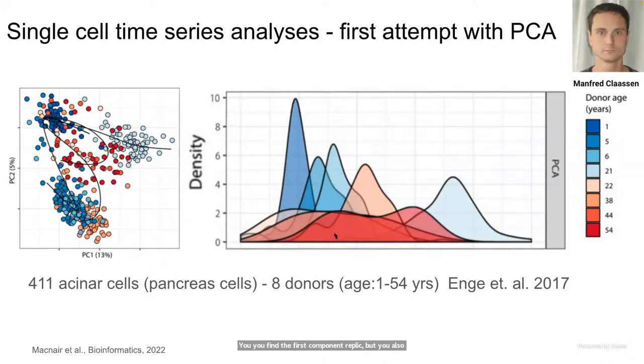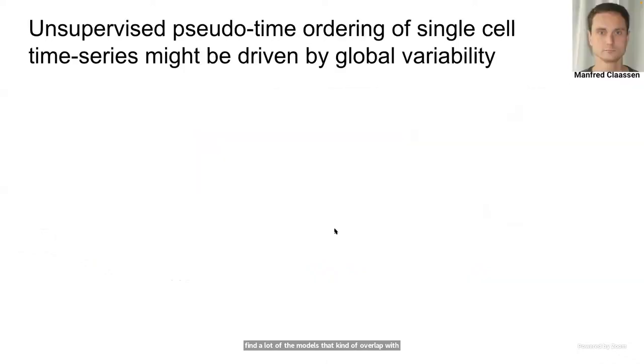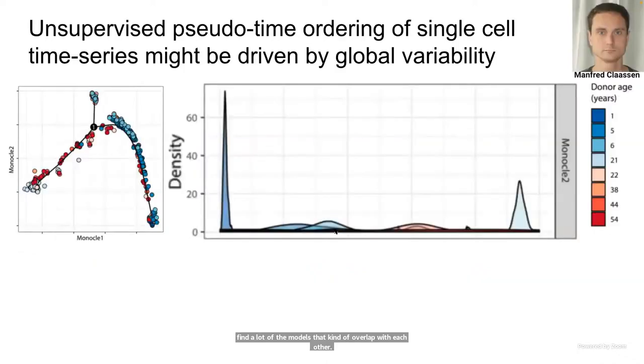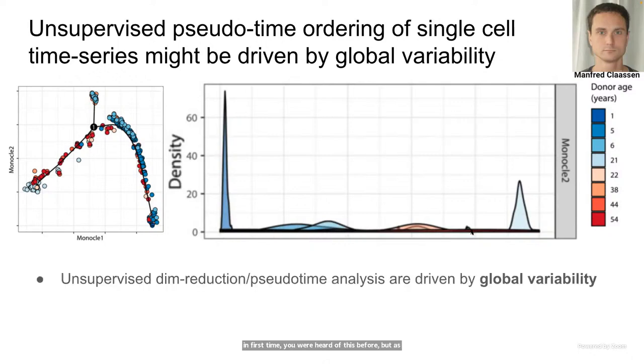And more, there's another method called Monocle. If you infer pseudotime, you might have heard of this before, but as in this example, you will see one of the Monocle components is correlated with time, but they put the age 21 on the rightmost, which basically means the first component doesn't quite reflect the true time label we have of the single cells.